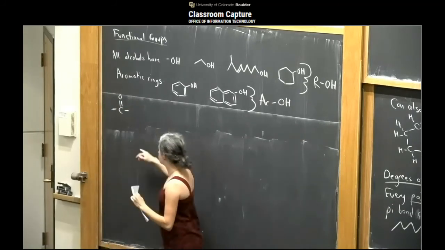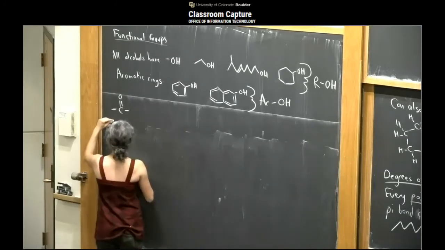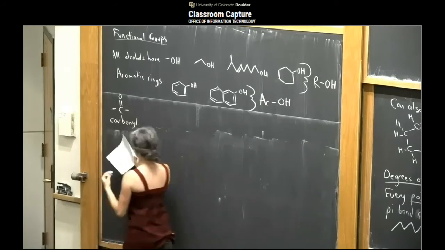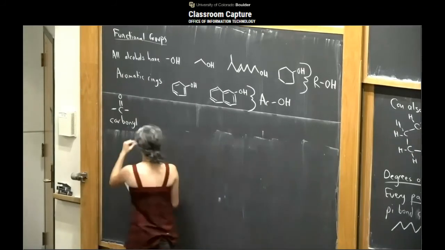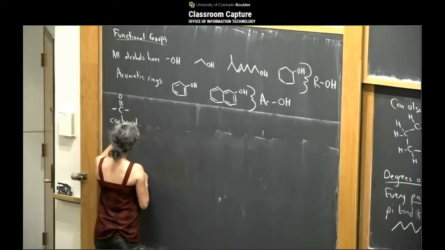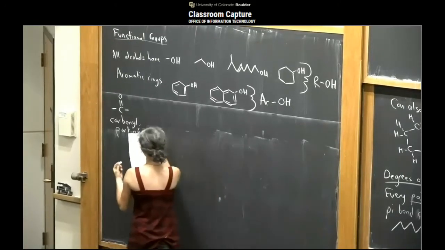So this CO double bond is going to come up a lot. This is called a carbonyl. So carbon-yl. And it's a part of a whole lot of functional groups.